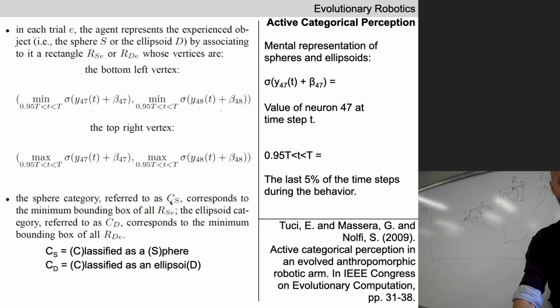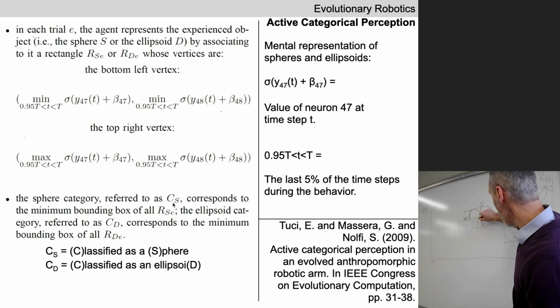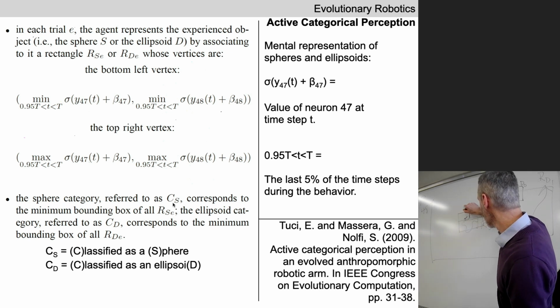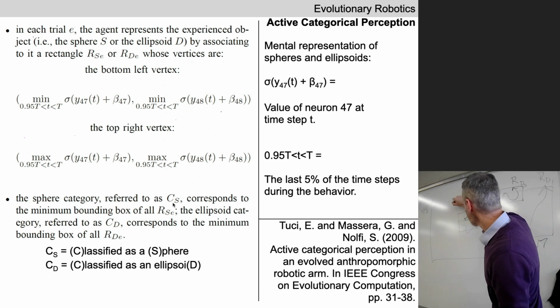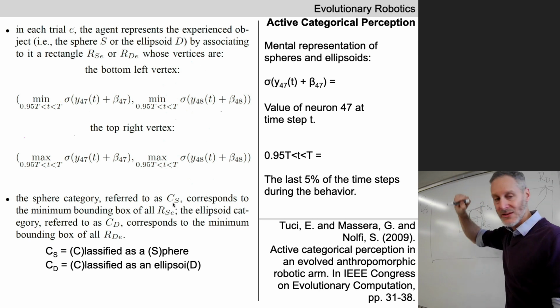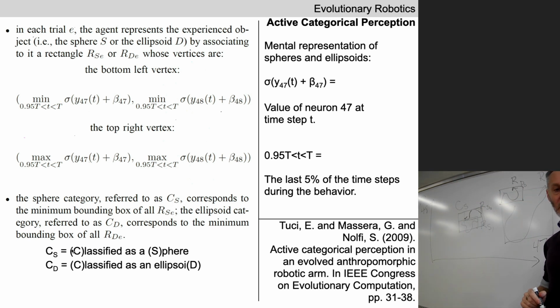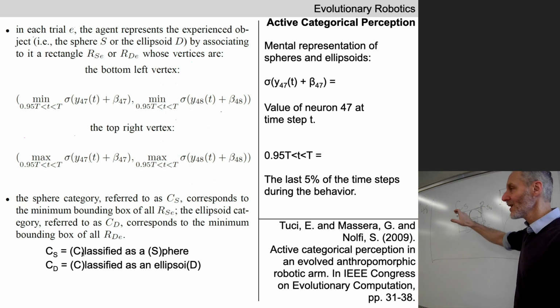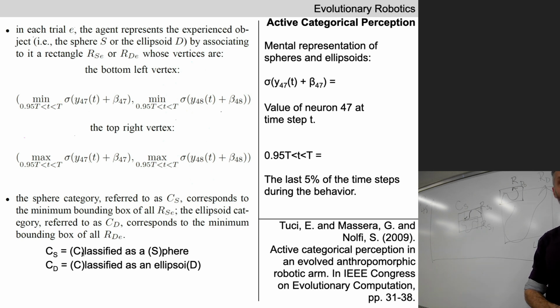Then they go and draw 2 more bounding rectangles, one big one, C_S, around all the bounding rectangles associated with the sphere. So this becomes C_S, C for category or classification of sphere. These are the sensations the robot collected while in the presence of the sphere, and one big bounding box here.